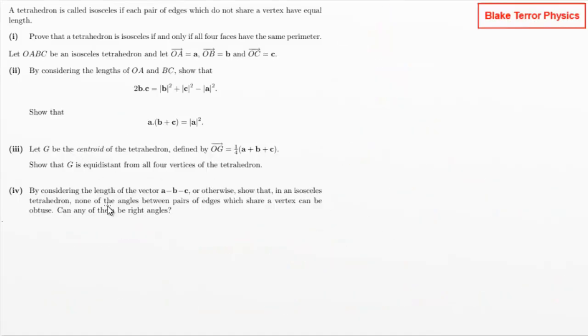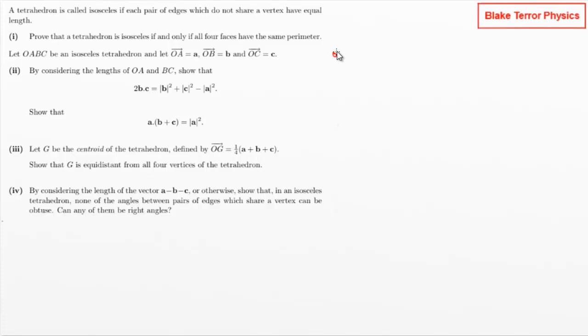Part 3: let G be the centroid of the tetrahedron, defined by OG is that. Show that G is equidistant from all four vertices of the tetrahedron. Okay, so what have we got then? Let's think about this again.